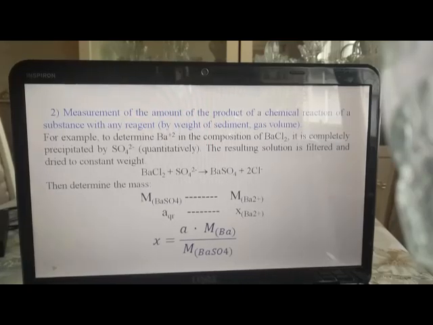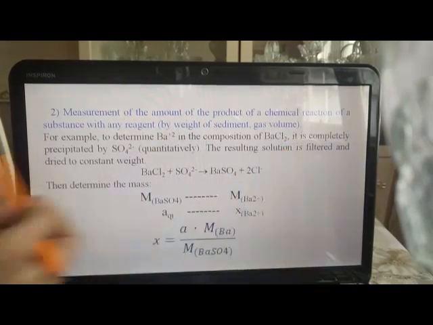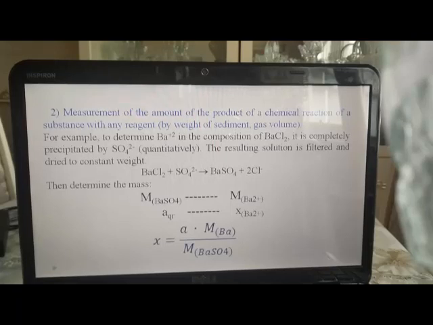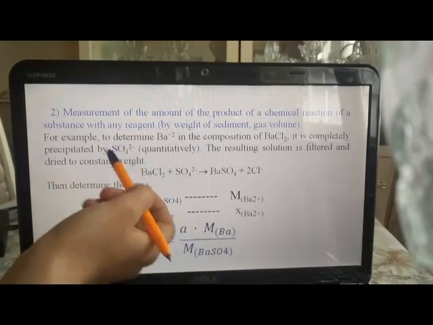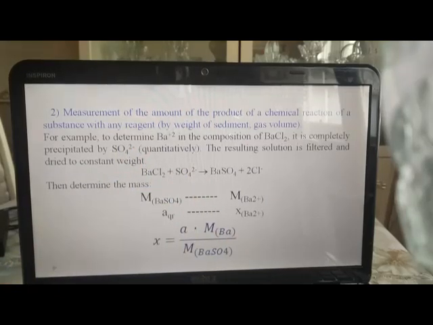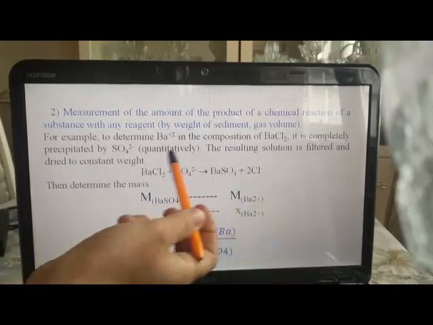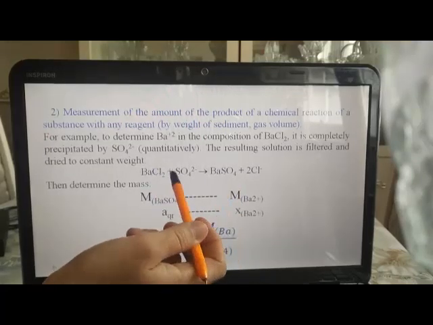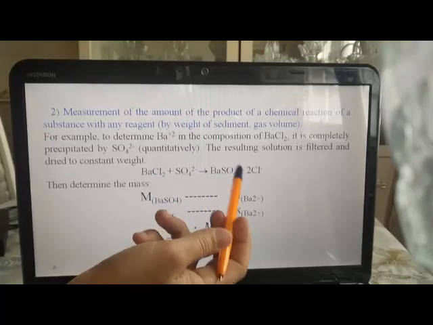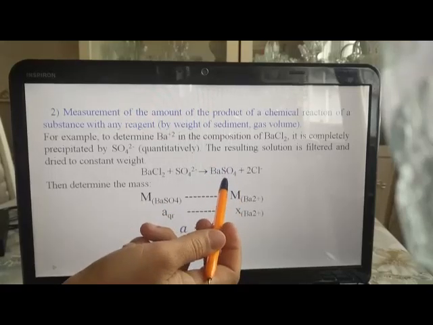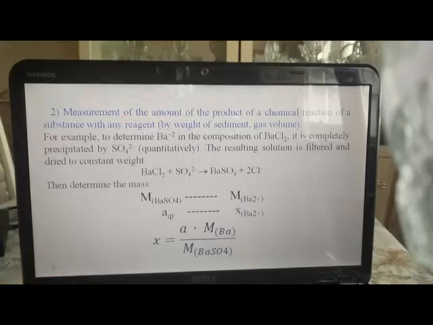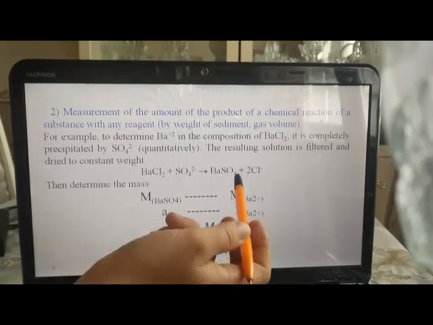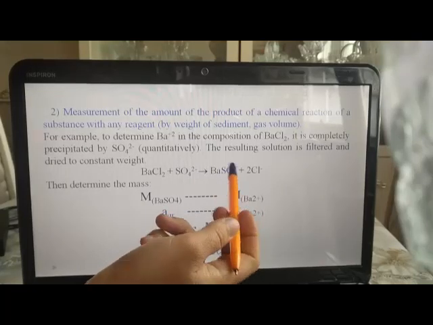For example, to determine the barium ion in the composition of barium chloride, it is completely precipitated by sulfate anion quantitatively. The resulting solution is filtered and dried to constant weight, and we have the chemical reaction. It is a precipitation of barium ion with a sulfate anion, and the precipitation form is barium sulfate. Then we determine the mass of the sample and the mass of the precipitation form.